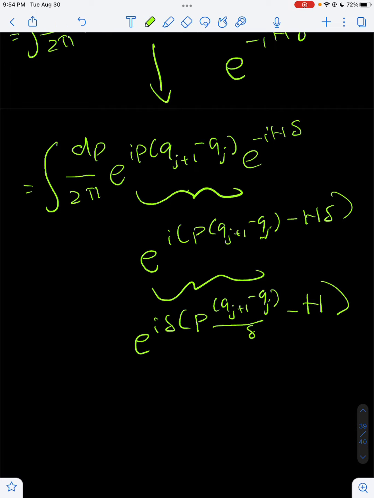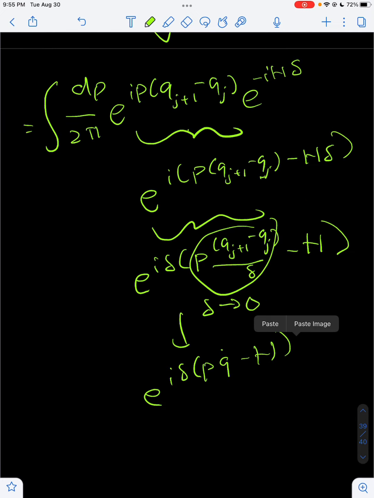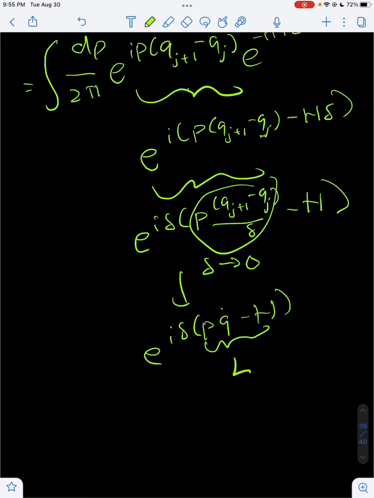And if we let delta become really small, which means that n gets really large, this just becomes the derivative, right? So you have e to the i delta times (p q dot minus h), which, oh my gosh, look at that. That's just the Legendre transform of the Lagrangian. This is just e to the i delta times our Lagrangian.